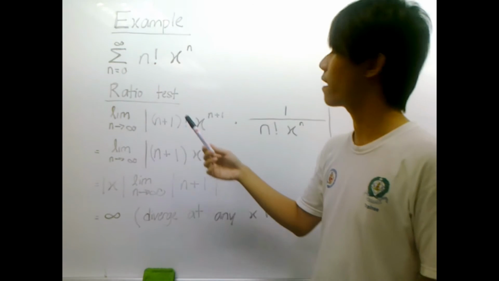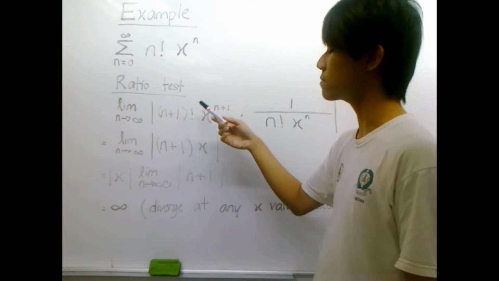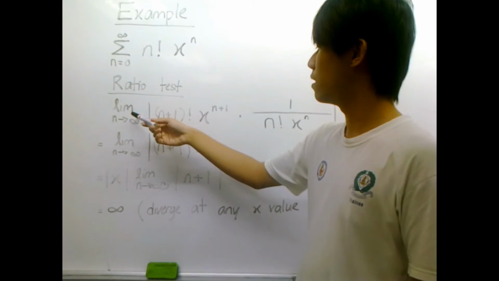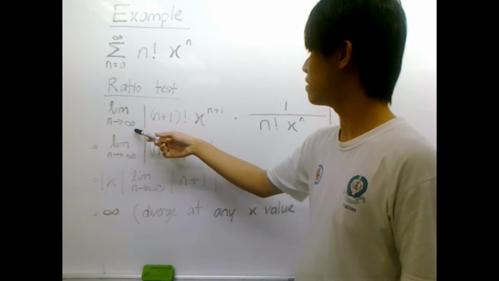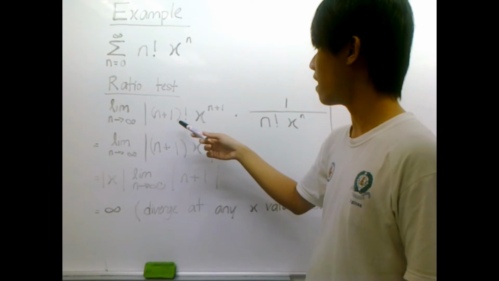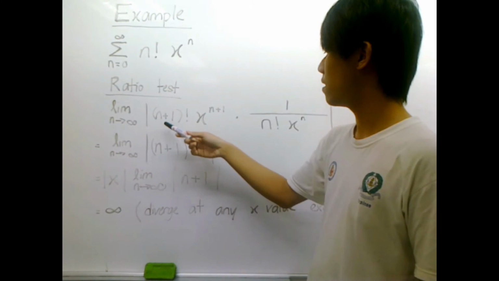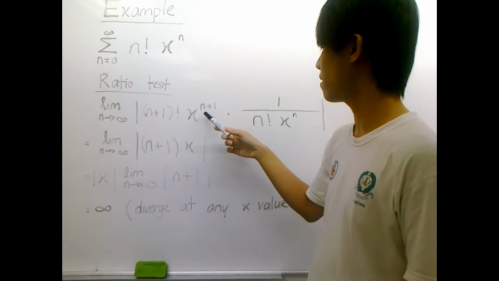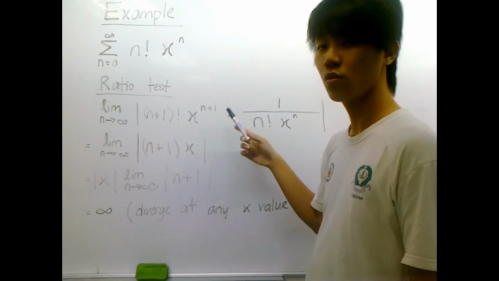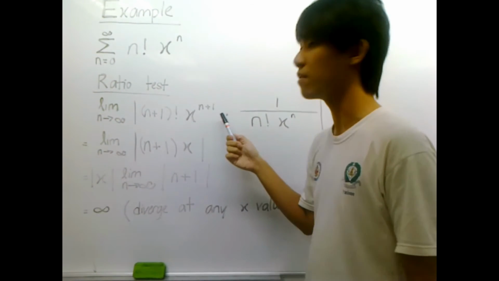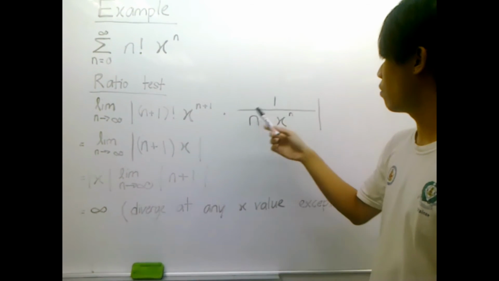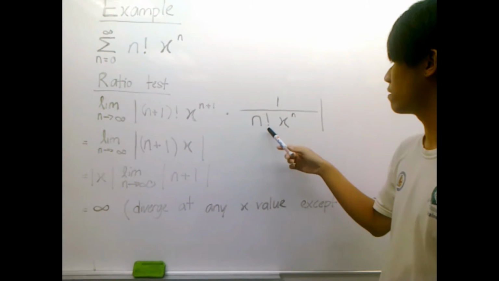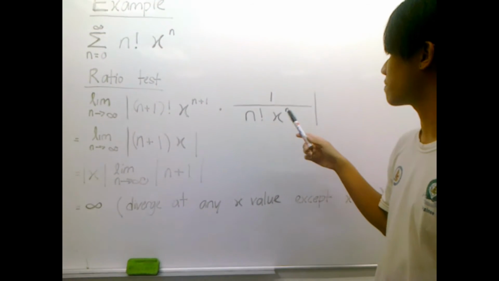And once again, we'll apply the ratio test, which is the limit as n approaches infinity of a_(n+1), which is n plus 1 factorial times x to the power of n plus 1, times 1 over a_n, which is 1 over n factorial times x to the power of n.